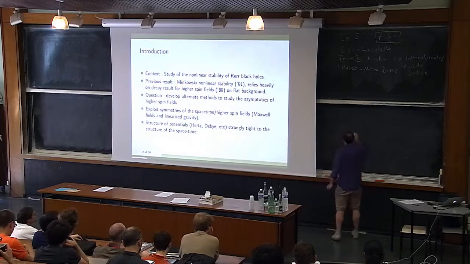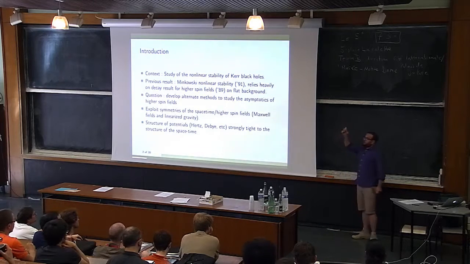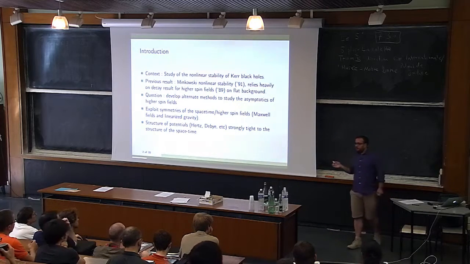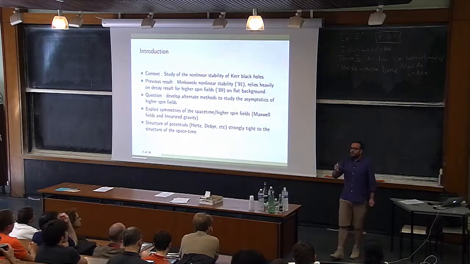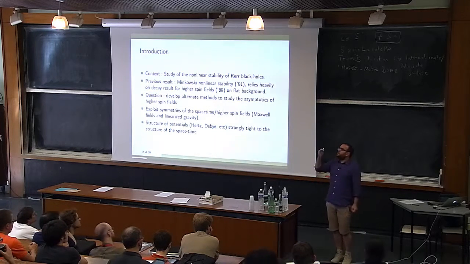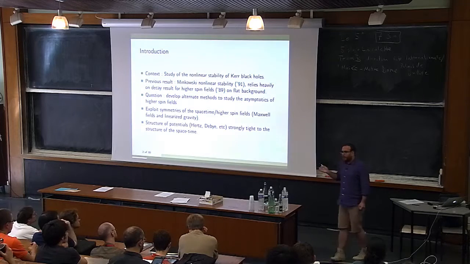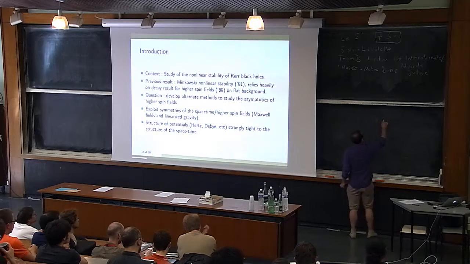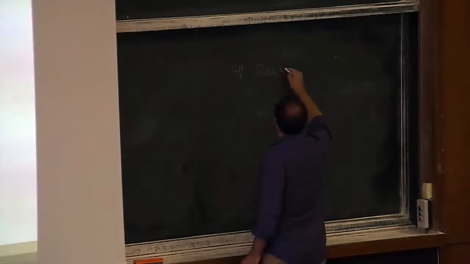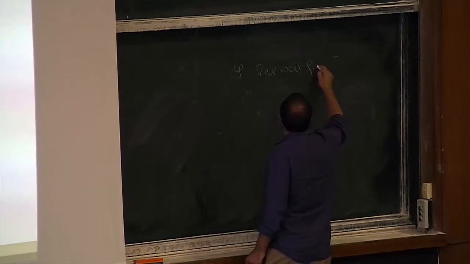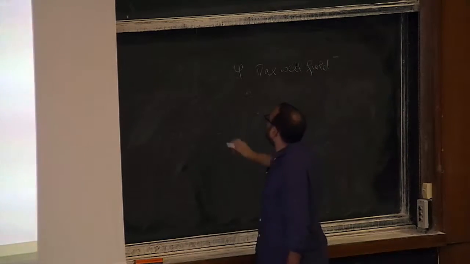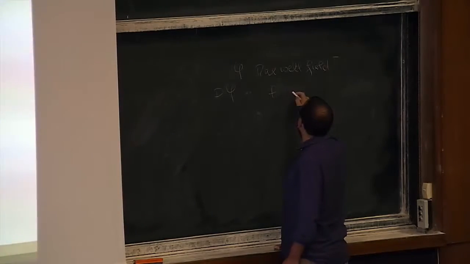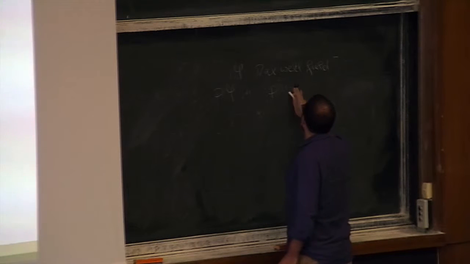So maybe you have noticed it, but from symmetries of the spacetime, you can go to symmetries of the space of solutions that you're having. More specifically, if you start with phi, which is a Maxwell field, using this kind of symmetry, you have some P, which is a differential operator.